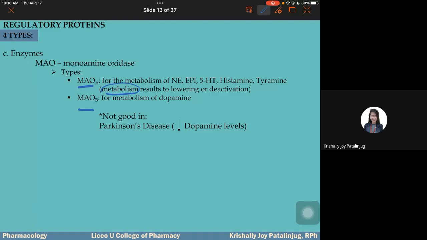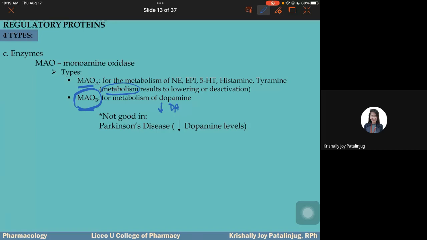And with the function of MAO-B enzyme, it would worsen na musamot lower ang level ni dopamine, no? If not controlled yung enzyme MAO-B.